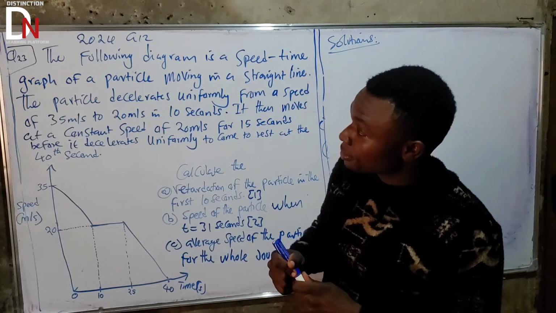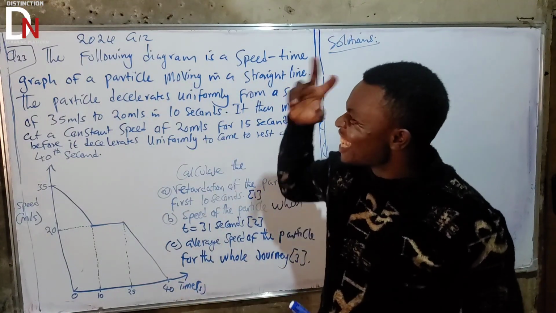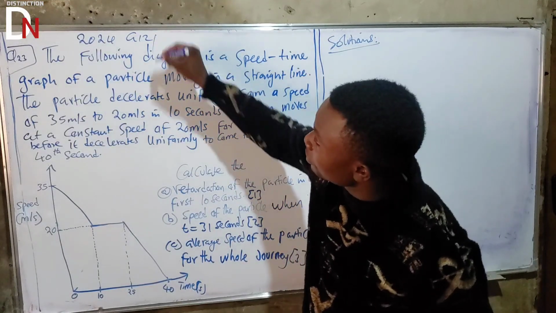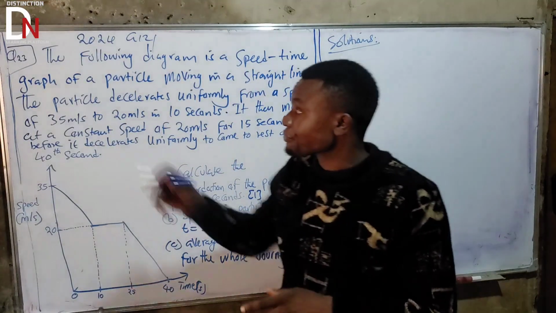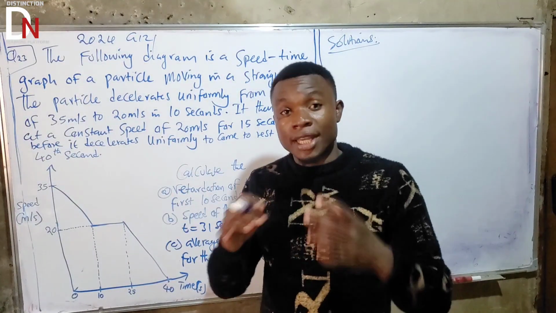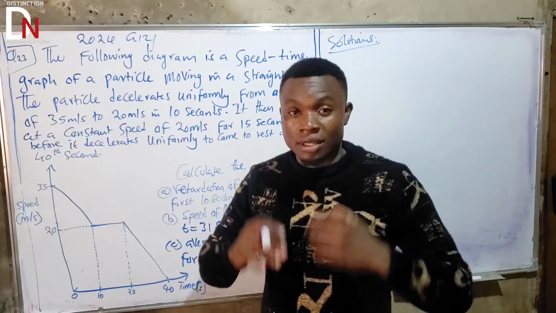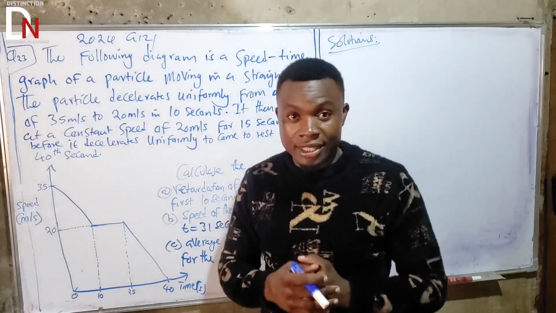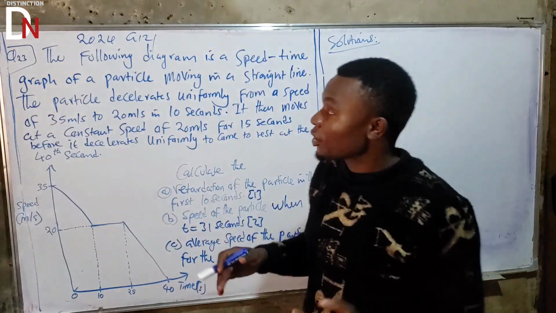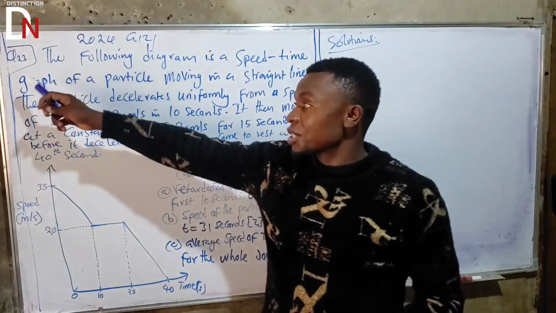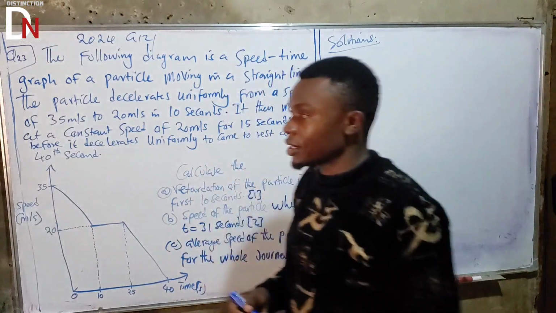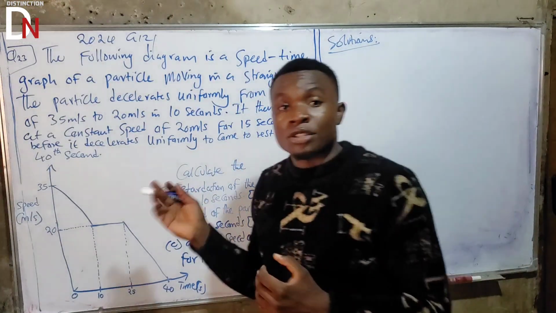It normally comes in both GCE as well as grade 12 under question 3 in mathematics paper 1. If you get any ECZ examination paper for grade 12s as well as the GCEs, you should find question 3 under speed time graph. Great, so let us solve the question.